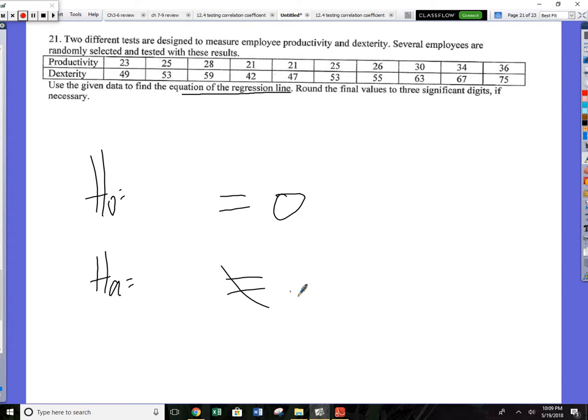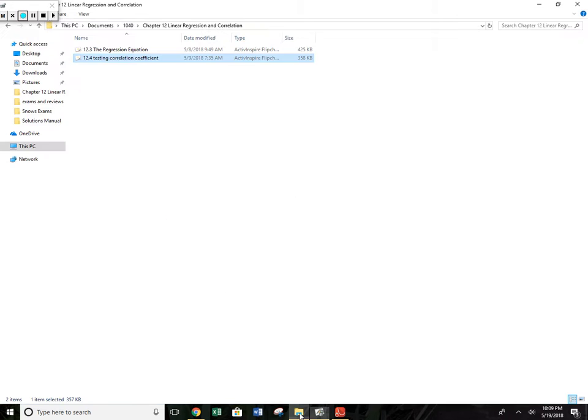So the Ha is that it is not 0. So if it is 0, there is no relationship. What did we call that?